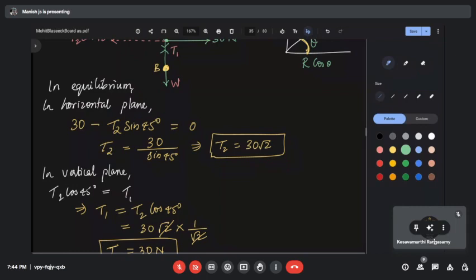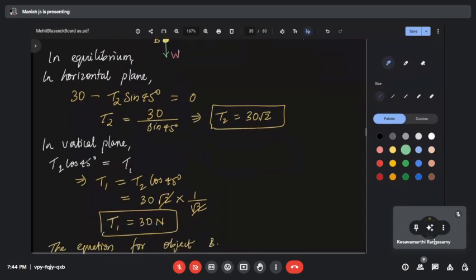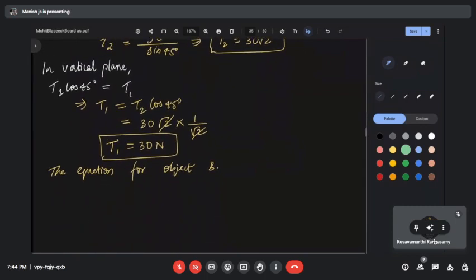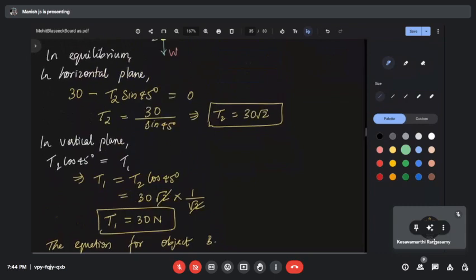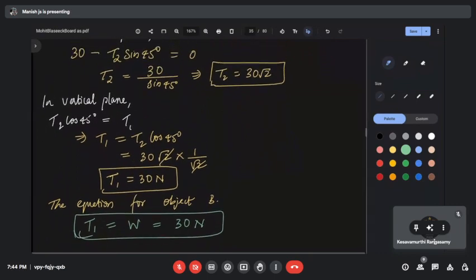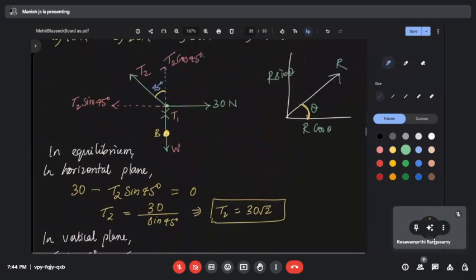So T1 is directly equal to weight. That's all. We need not calculate also. So weight is also equal to 30 newtons. The answer is W equal to 30.